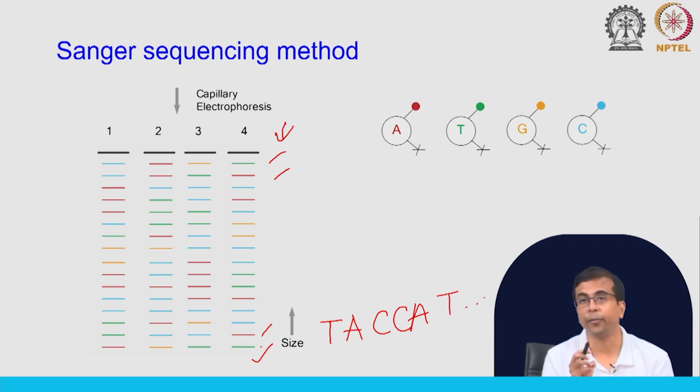So, for each lane we can now read this and figure out the sequence of these fragments, because these two neighboring fragments differ by just 1 nucleotide, since there is nothing in between them. So, this is how the sequencing is done. We can now read the sequence from this process.